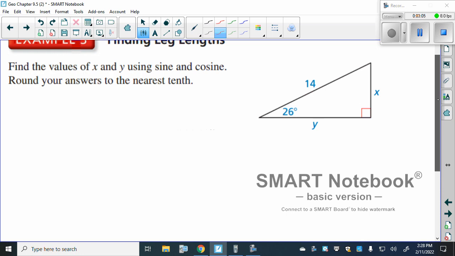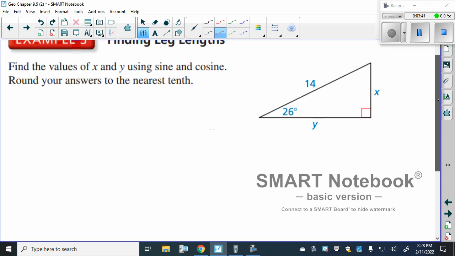Yesterday we went over the fact that sine of a given angle is equal to the opposite side length over the hypotenuse, and cosine of a given angle is equal to the adjacent side length over the hypotenuse. Depending on what side lengths we're given and which we're trying to find, that will determine which one we want to use.